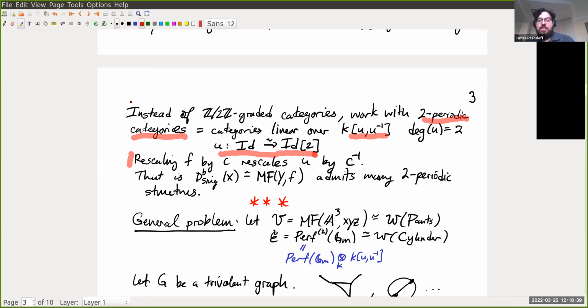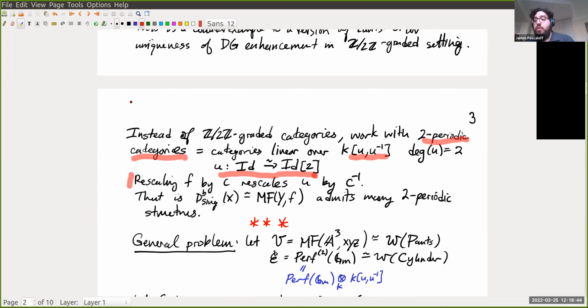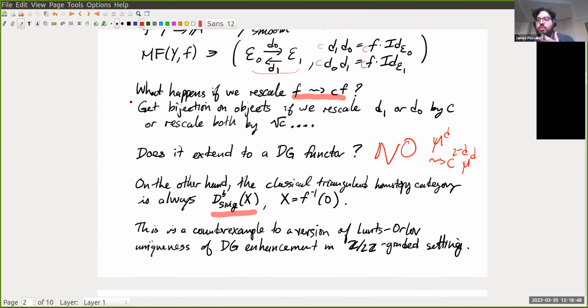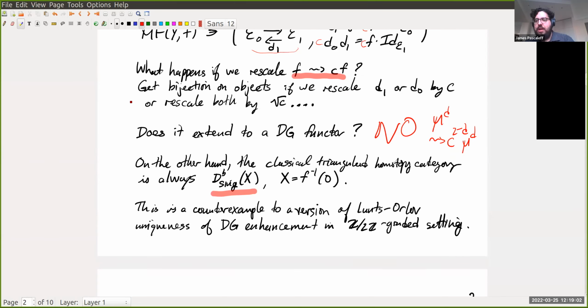That's the upshot here. So actually they are equivalent as two periodic. If you rescale the potential, you get two different two periodic DG categories, and they are equivalent as two periodic DG categories. It's just that the U operators on the two sides don't quite correspond. They do correspond up to rescaling.